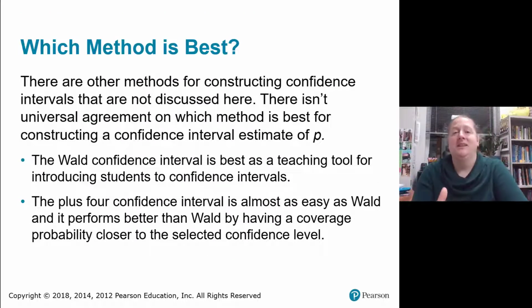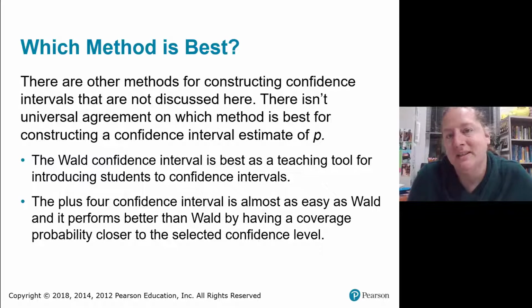And ultimately, if there's lots of methods for doing this, which one's best? The answer to that is it depends on what your goal is. So the Wald confidence interval that we looked at is the best one for a teaching tool and getting a feel for what confidence intervals are, because it's the simplest computationally and it's decently reliable. The +4 confidence interval is almost as easy as that one, and it performs better.